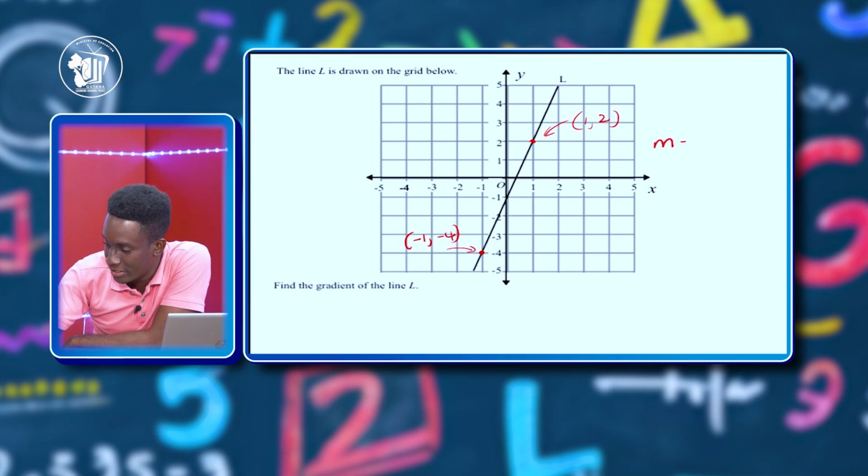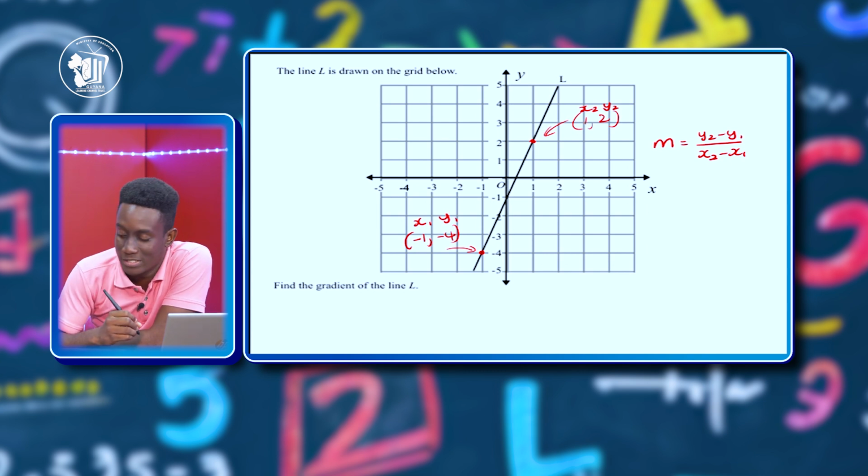The formula to find gradient is the change in y, which is y2 minus y1, over the change in x, which is x2 minus x1. So this can be x1, y1, x2, y2. It doesn't matter which one you put as x1 and y1. Just make sure if this is x1, this is also y1.